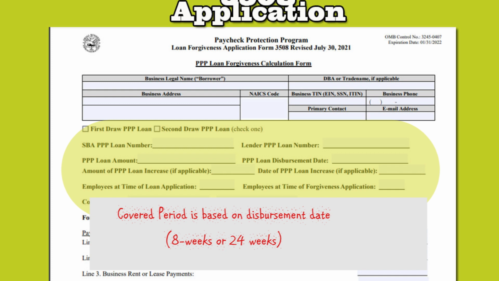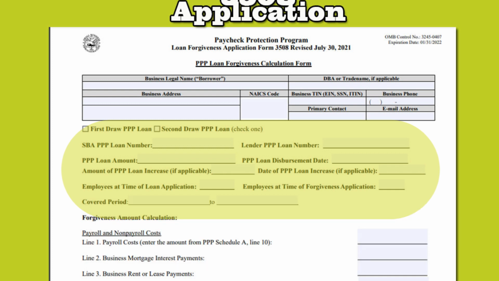That will be your choice, and we'll have that in the next section. So your PPP loan disbursement date. What date did they disperse the funds into your account? If you had an increase, you would add that amount of your increase there in the date of that increase as well, okay?